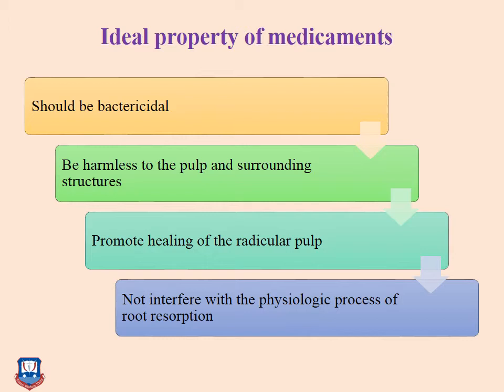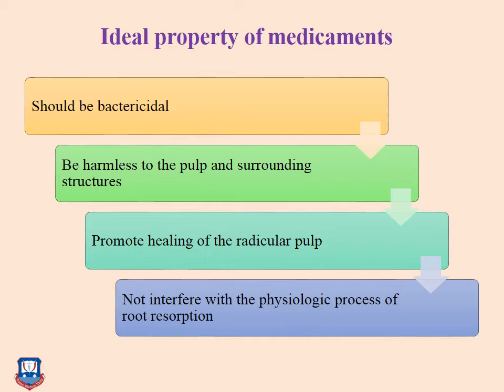So the ideal properties of medicament is it should be bactericidal. So whatever medicament we are using on the pulp, the amputated pulp should be bactericidal. It should be harmless to the pulp and the surrounding structures.